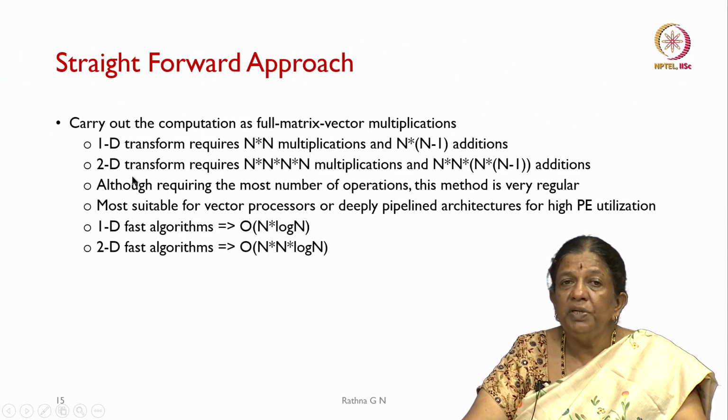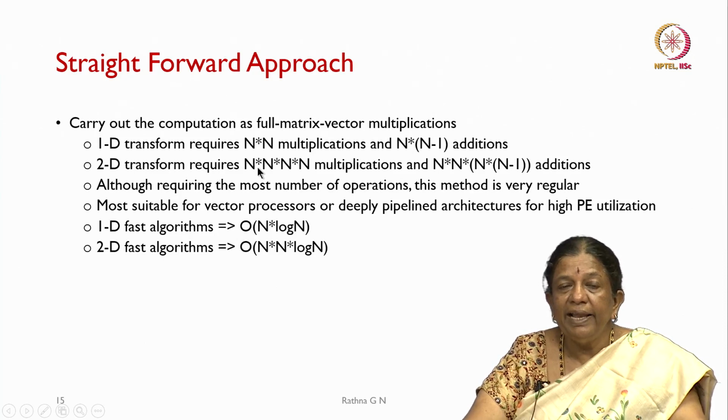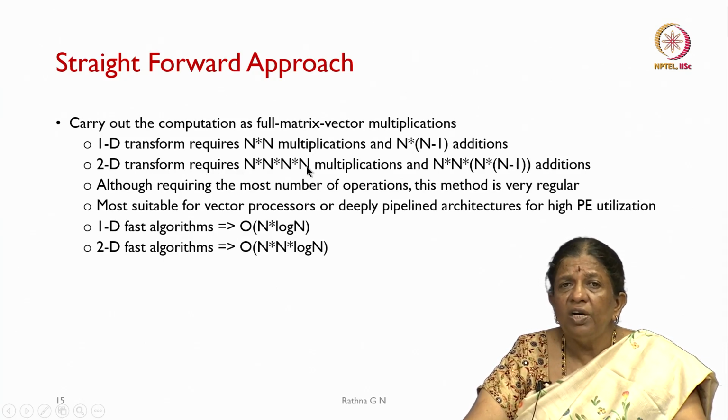Whereas a 2D transform, as we know all are of length n, is going to be order of n to the power of 4 multiplications, and n to the power of 4 additions if we use the direct 2D transform.